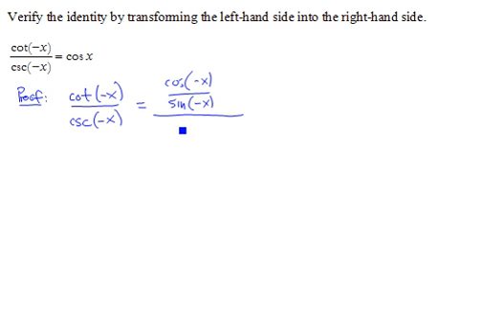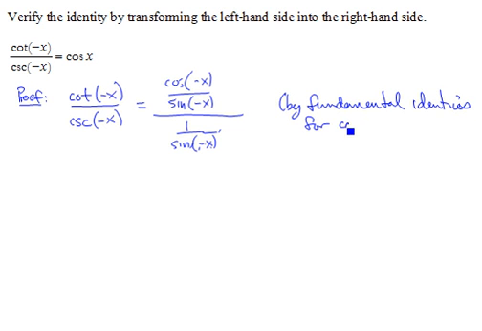And the cosecant is the reciprocal of the sine of the angle. This first equation is true by the fundamental identities for both cotangent and cosecant.